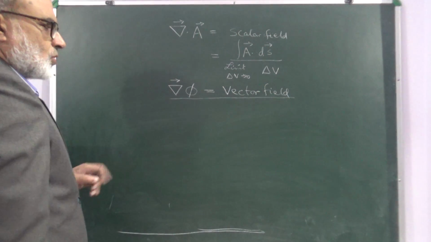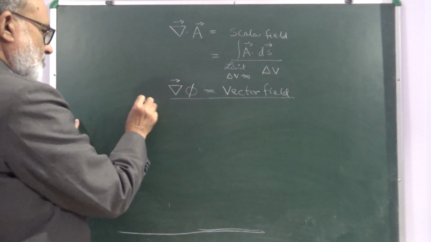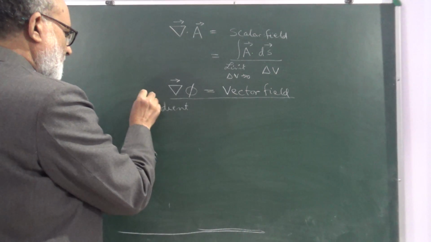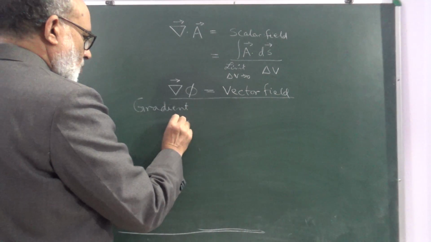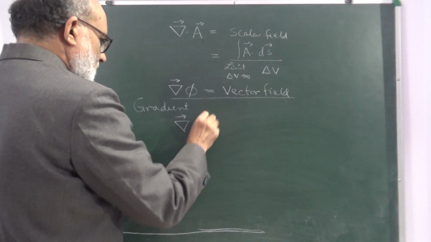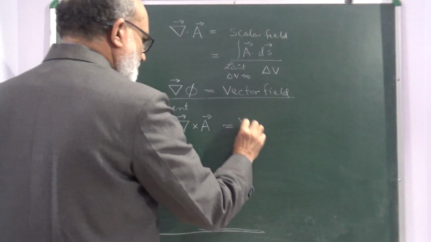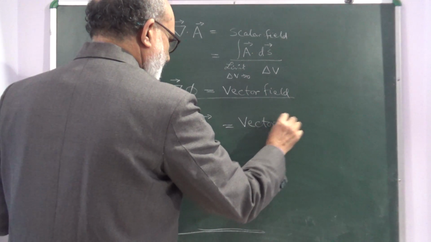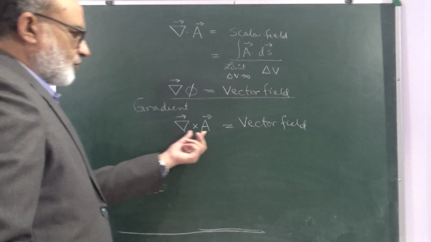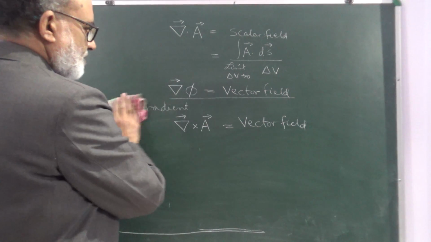Then we will discuss what happens when del operates as a cross product with the vector field A. This is again a vector field, and this field is called the curl of A. So first of all we will start with the gradient.